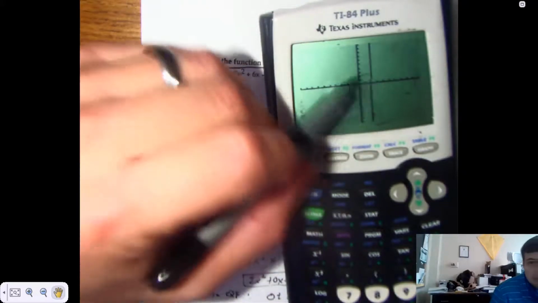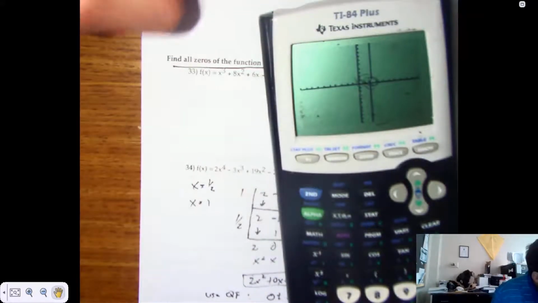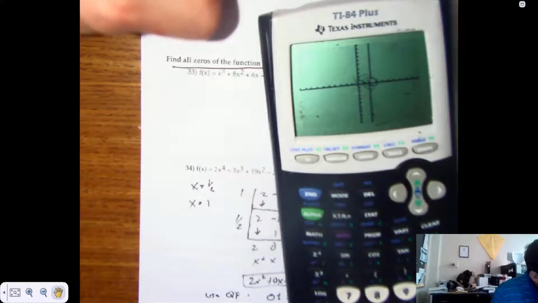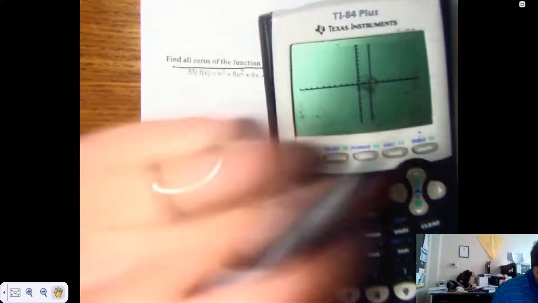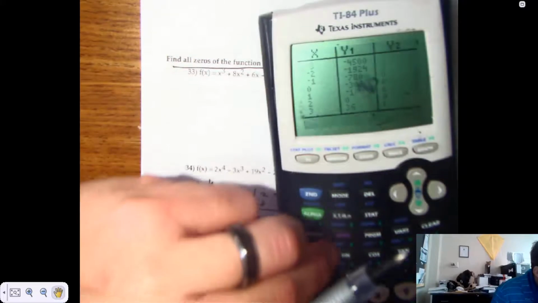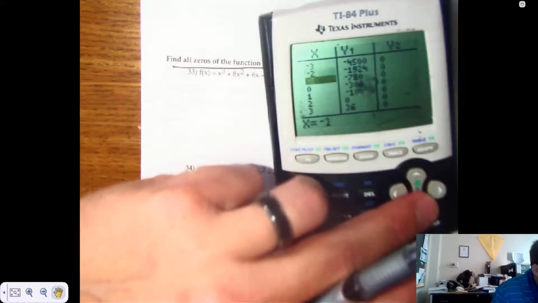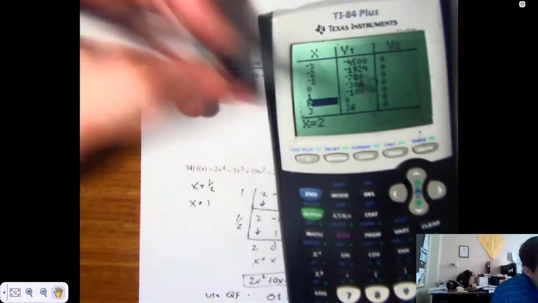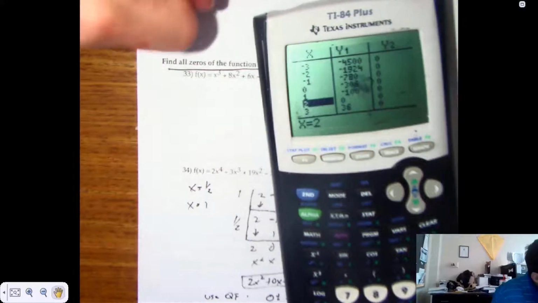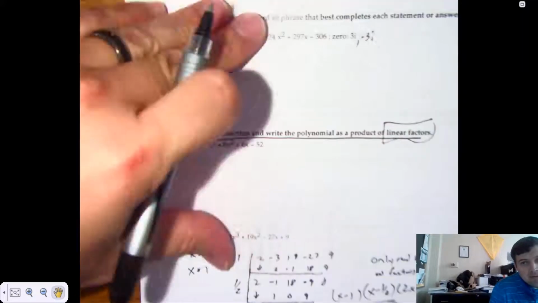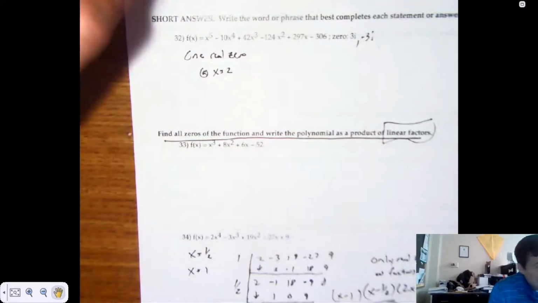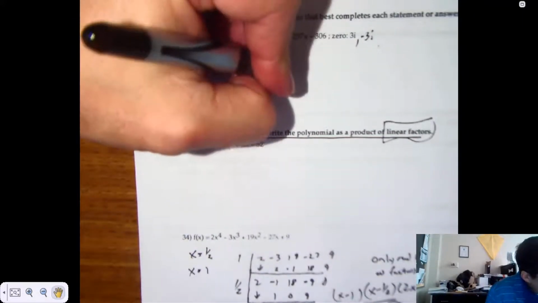There's the 1, 0. It only has one real. It has a real 0, probably 2. Yeah, I was looking at the table there. I hit second table. It has a real 0 at 2. And I am aware of 2 imaginary zeros. So I'm going to do a little synthetic division.